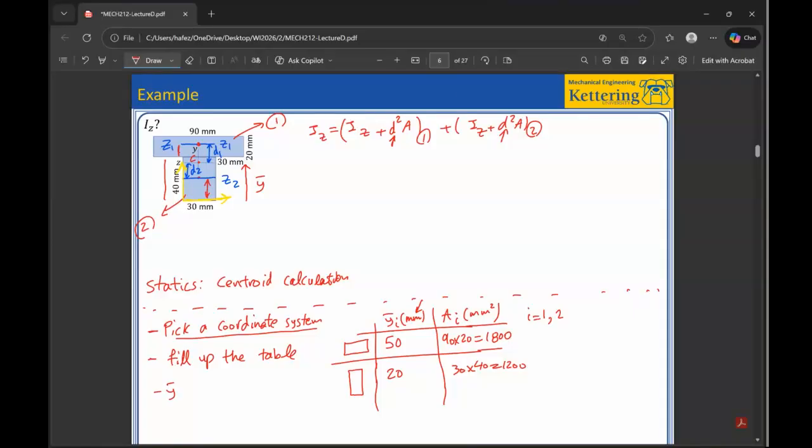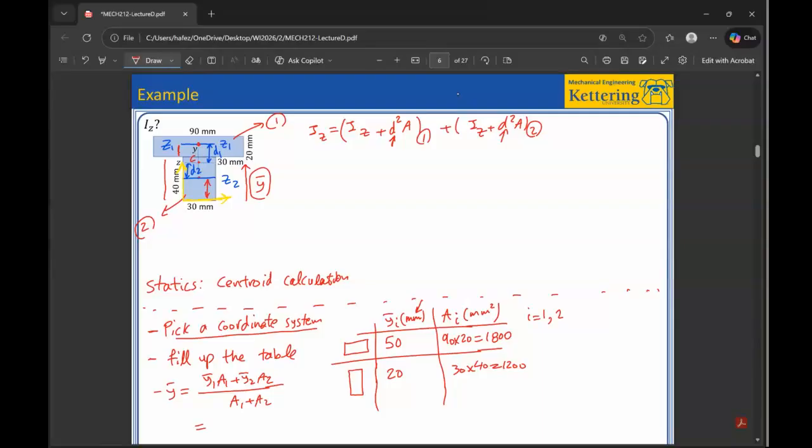All right, then the third step, the overall y bar, this one that we are after, is through this formula: y bar 1 a1 plus y bar 2 a2 divided by a1 plus a2. Had we had more than two pieces, just keep adding to the numerator and denominator accordingly.